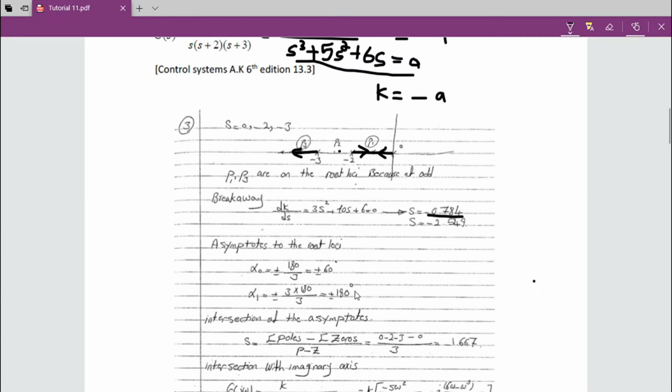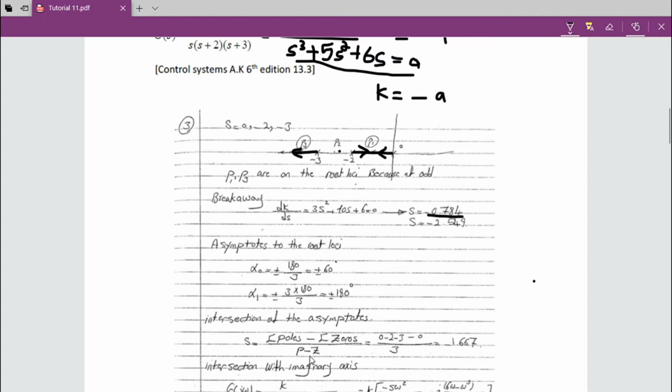Now the intersection of the asymptote is given by the sum of poles minus the sum of zeros, divided by the number of poles minus the number of zeros.